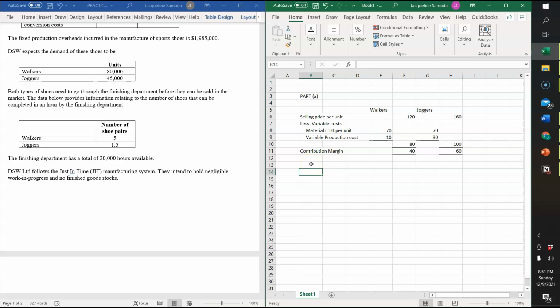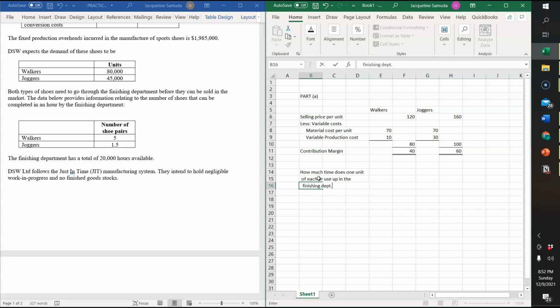So now we have the contribution margin per unit. Now what we need to find out is, let's answer this question: how much time does 1 unit of each shoe, each pair, use up in the finishing department?